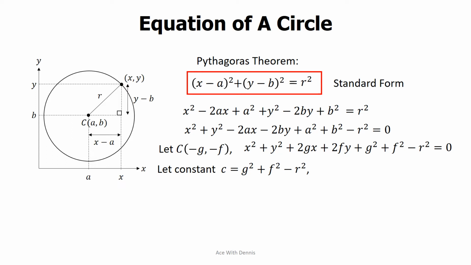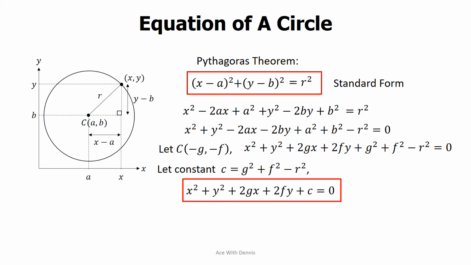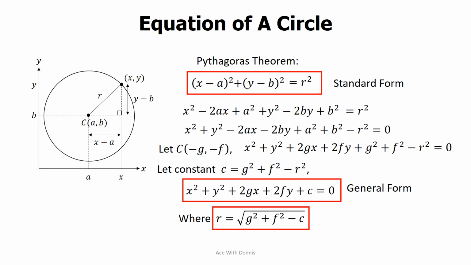From here, we can see that g squared plus f squared minus r squared are all constant. We can just let constant c equal g squared plus f squared minus r squared. Then the equation becomes x squared plus y squared plus 2gx plus 2fy plus c equals 0. So this is the equation of a circle in general form, where r equals the square root of g squared plus f squared minus c.